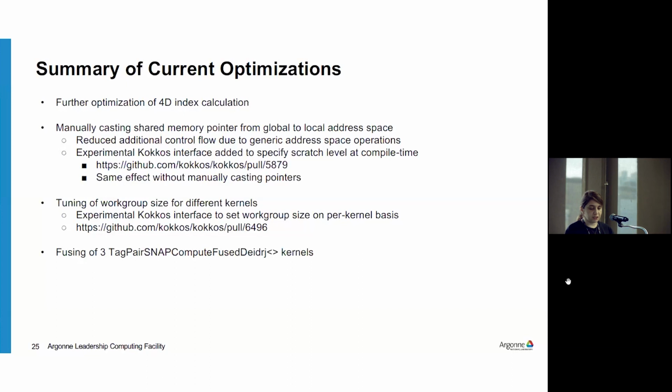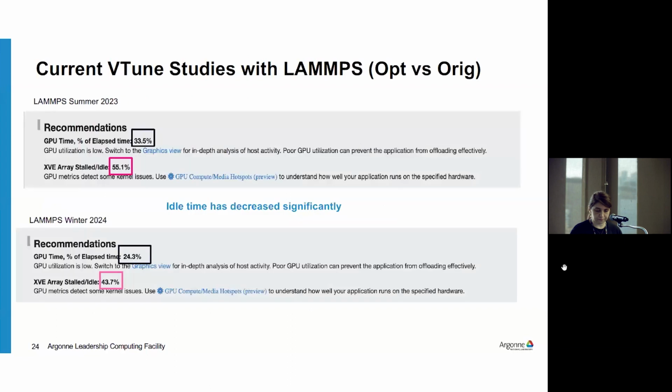Then there are experimental KOKKOS interfaces added to specify the scratch level at compile time, which is available on GitHub, and the same effect was achieved with manually casting pointers. The work group size was another thing we did. And one thing I didn't mention here was fusing all three kernels, which were in different dimensions, X, Y, and Z. Now it's all together.